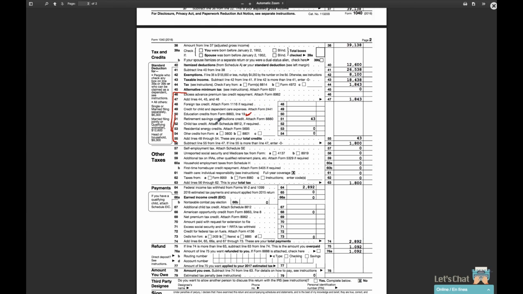You have the child tax credit. Part of that is not refundable, and there's a lot of other credits here that you're going to see. There's the 962. There's the, what do we call that? The health insurance credit that you're not going to see as part of your refund, but it is part of the credits that you can claim.